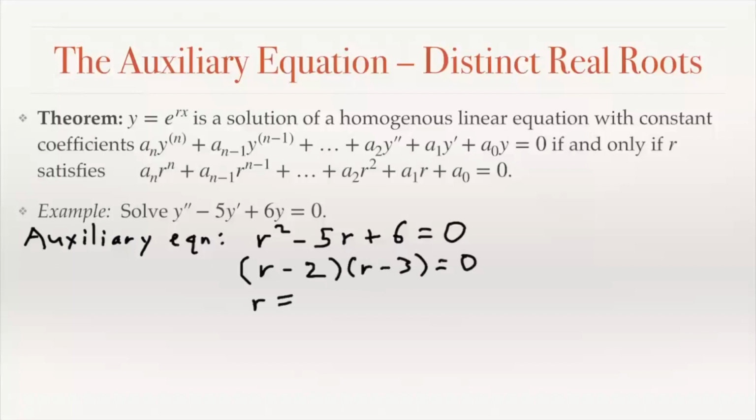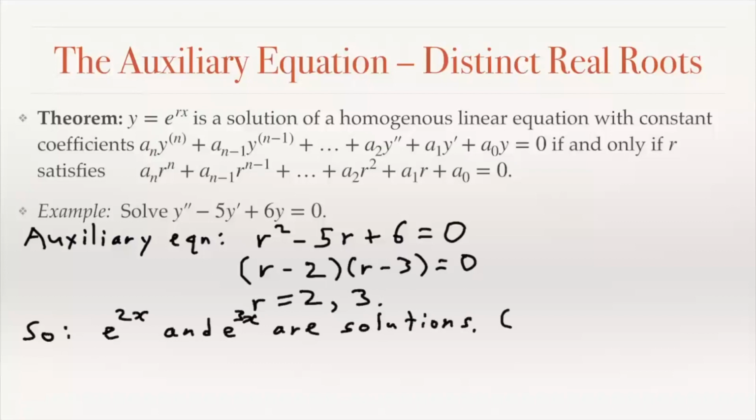So r is equal to 2 and 3. That means that e^(2x) and e^(3x) are solutions. And neither is a scalar multiple of the other. So those are linearly independent and thus a fundamental solution set.